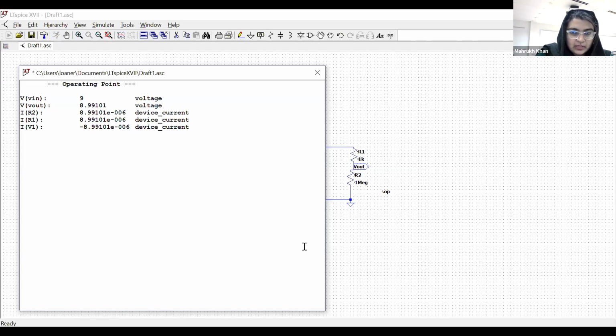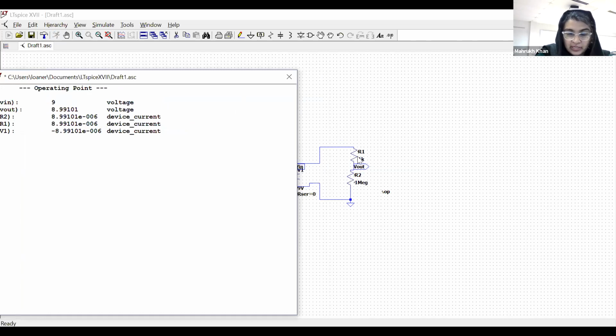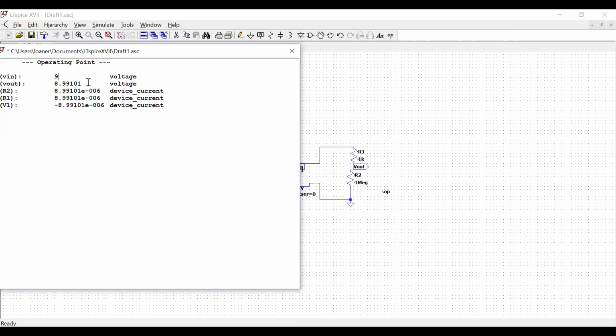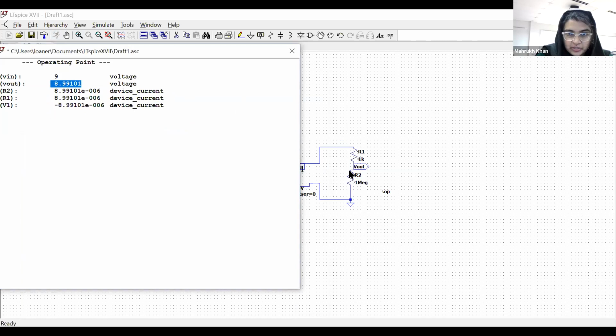So if you see, you can see that your V out is very large, right? Like previously it was 4.5 volts when you were having equal resistances, right? Do you understand what I'm saying? Yes. Now, because this resistance is very large, like R2 is very large, you are having most of the voltage drop across R2, right?